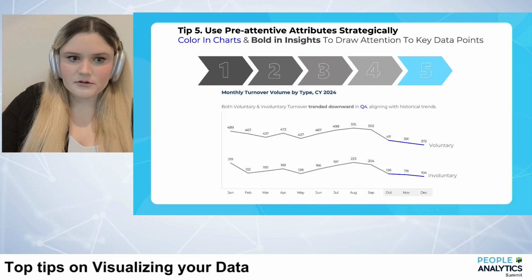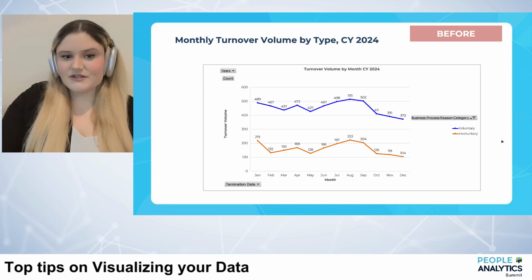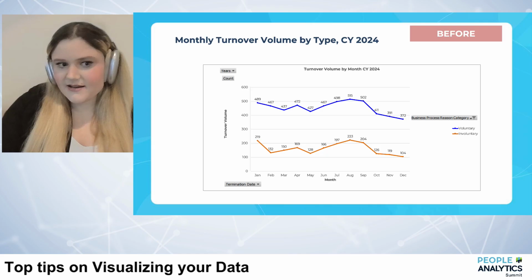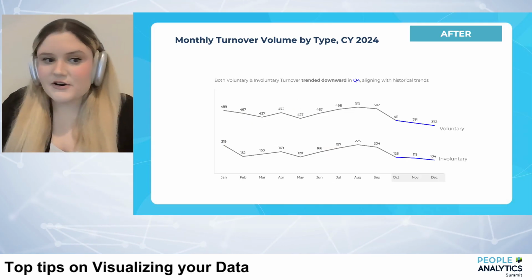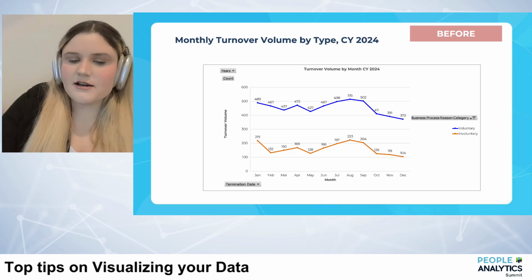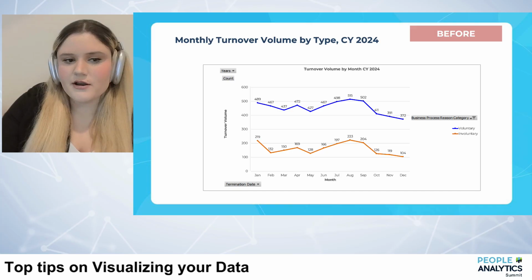So to sum it all up, this is what we started with, and this is what we ended with. Going back, it's very cluttered. There's just unnecessary things like the border.